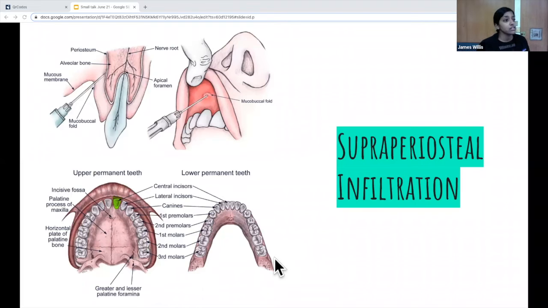And here you can inject going 1 centimeter to 1.5 centimeters in and inject 1 to 2 cc's here. Things to remember for this block and any block in general is if you are injecting too superficial or too deep, you're not going to be in the right location. And so you might not anesthetize appropriately. And then also once you do inject the solution, it may take up to 10 minutes for the patient to become numb.